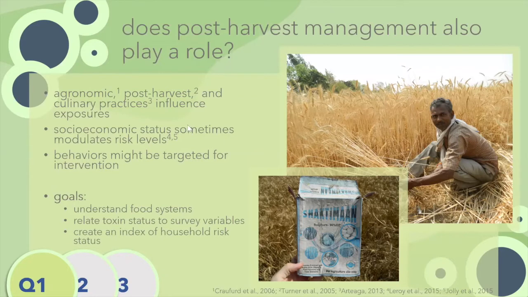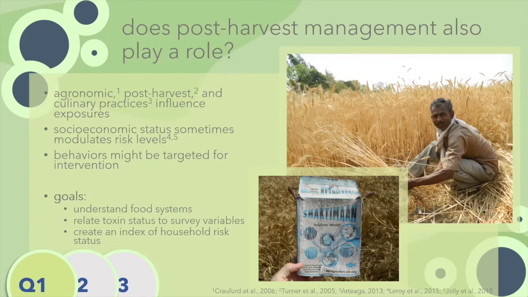So it's already known that agronomic practices, post-harvest practices, and culinary practices all influence aflatoxin exposures in their own ways. And there's been, on a case-by-case basis, some demonstrated relationships between socioeconomic status and mycotoxin outcomes. And so we really hypothesized that some low-cost behavioral practices might be targeted for aflatoxin interventions in a way that's accessible for farmers.